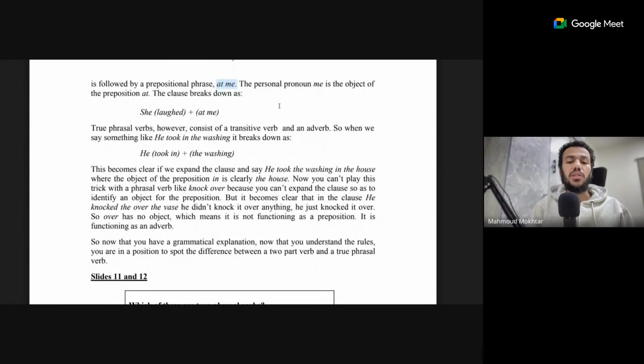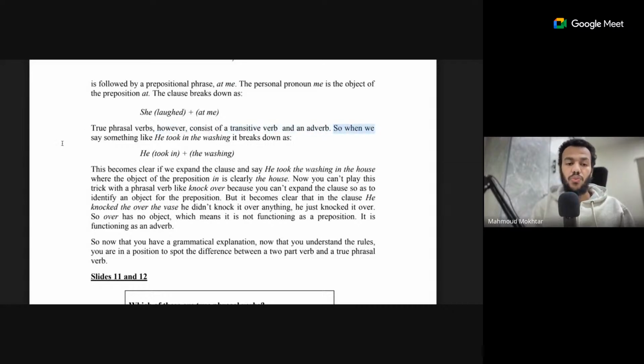The personal pronoun me is the object of the preposition at. The clause breaks down as: she laughed, at me. True phrasal verbs, however, consist of a transitive verb and an adverb.